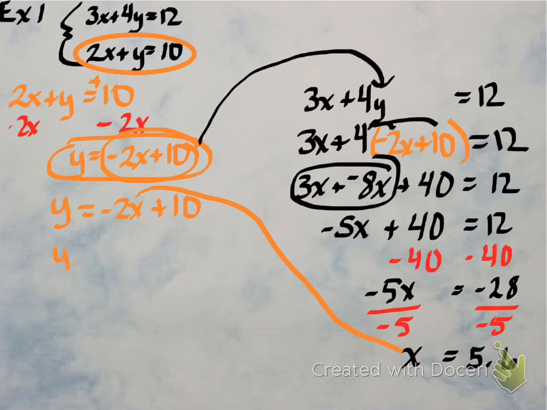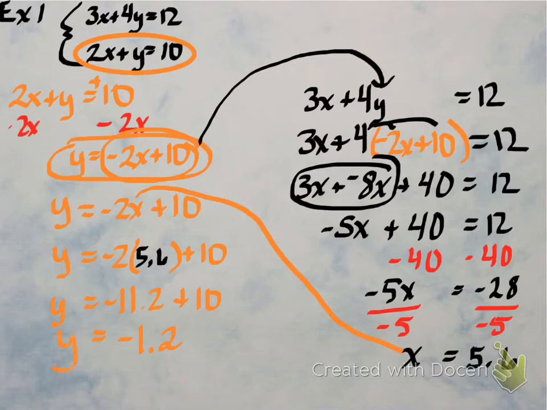So y is equal to negative 2 times that 5.6, or 5 6/10, plus 10. Negative 2 times 5.6 yields negative 11 2/10, plus 10, which gives me negative 1 2/10.